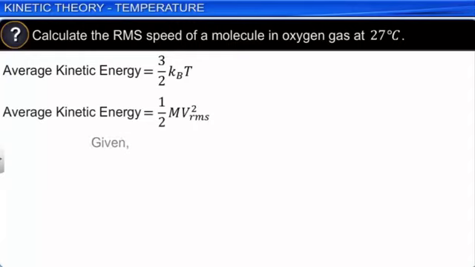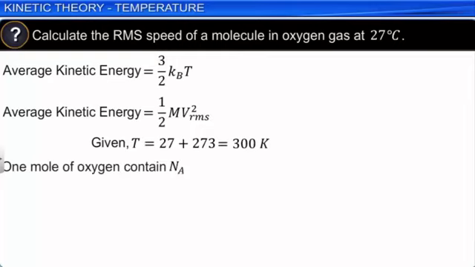Given T is equal to 27 plus 273, which is equal to 300 Kelvin. 1 mole of oxygen contains Avogadro's number of molecules, that is 6.02 into 10 raised to power 23 molecules.